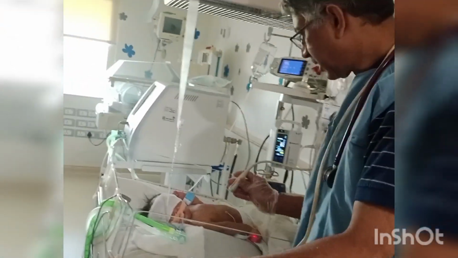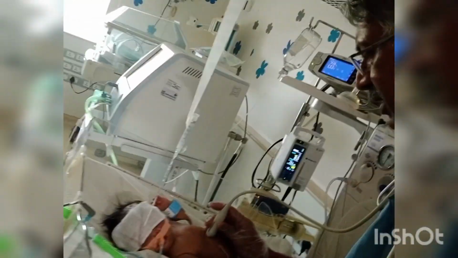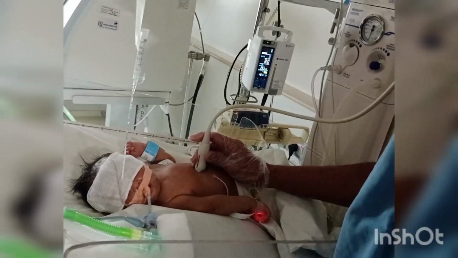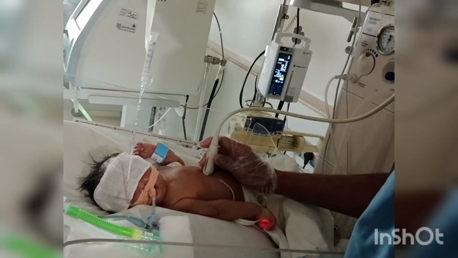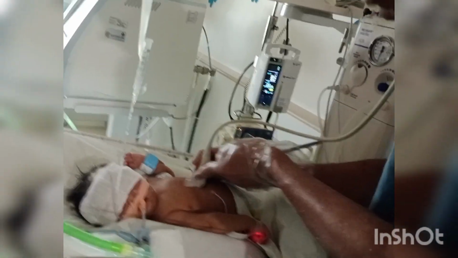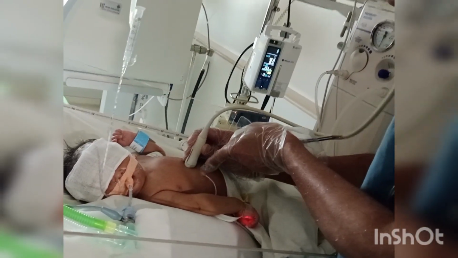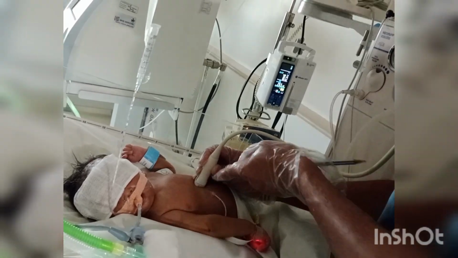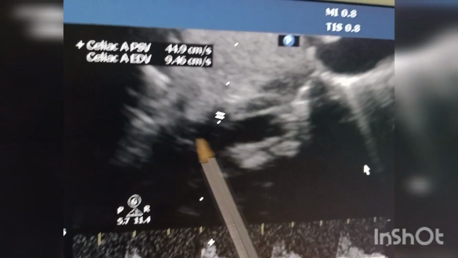Okay. Again, another important thing, you should do the abdominal ultrasound where you need to look at the celiac and the mesenteric circulation. So here I kept my probe in the subcostal area with the marker facing the patient's left, and I could get this, the descending aorta.